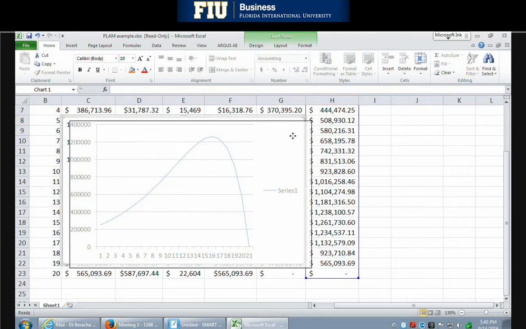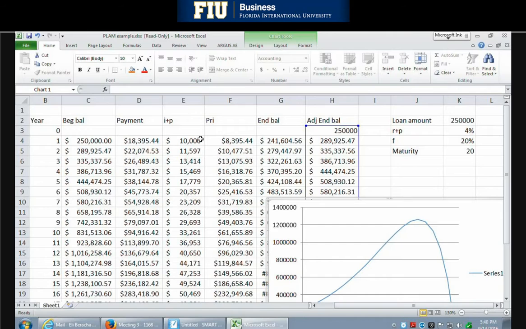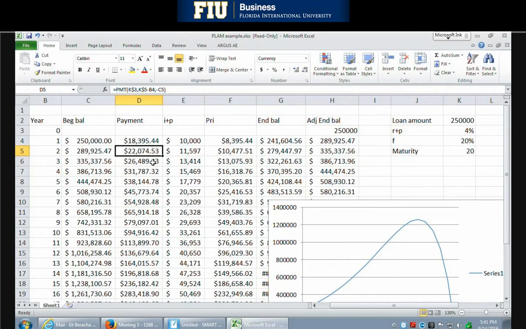So this is the graph. You can look at that. You can look at the math here. But basically, every period, your payment is going up. In the beginning, the balance is being paid and then adjusted for inflation. So you start from 250, you pay down to 241, and then it's adjusted up by inflation.